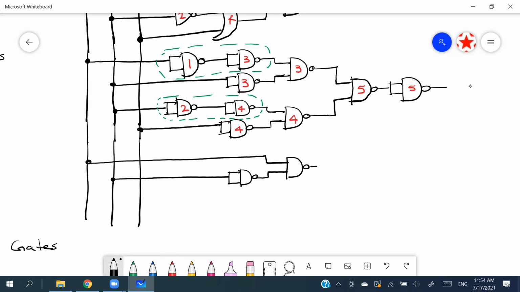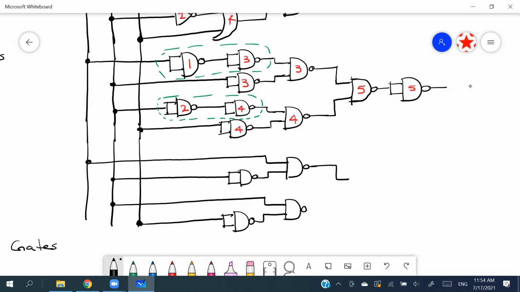So the same way, this line continues, and the lower one as this, right? And we can have these as it is, right?